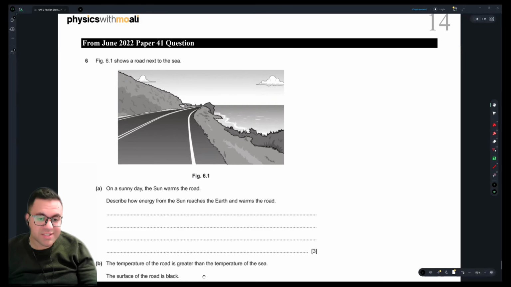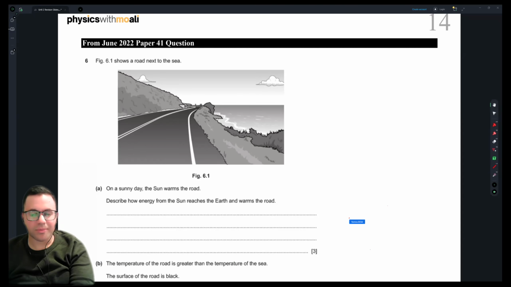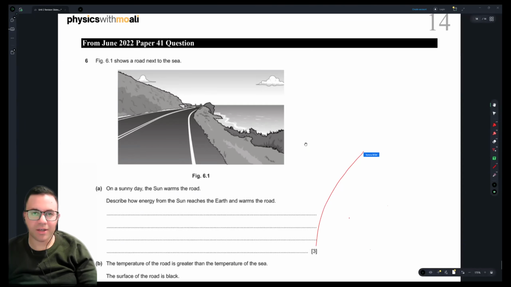Because you don't just say, oh yeah, the heat from the sun reaches the earth by radiation. You have to describe the name. What's the name of it? Infrared radiation from the sun is absorbed by, oh, hold on.